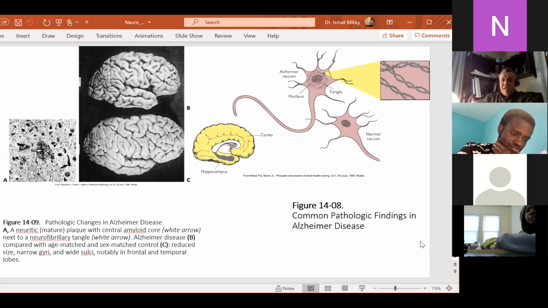So one of the changes they found in the brain cells is these type of proteins, the neurofibrillary tangles. And in addition, another one called senile plaques, which are areas of degeneration that look like plaque material, like necrotic tissue.